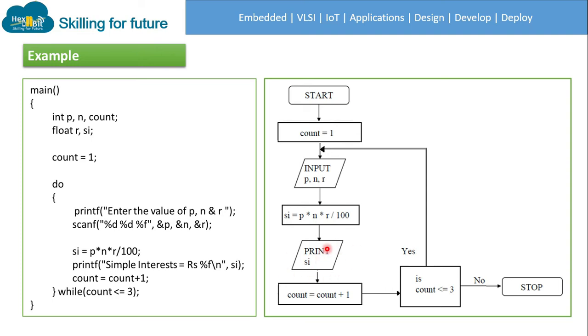At the end of the body we have count equal to count plus 1. That means the increment is done inside the loop body, and once the loop counter is updated, it comes to the test expression. Until the test expression evaluates yes, it keeps executing, and as soon as it returns no, the code stops. We'll see the output of this code in the code block session.